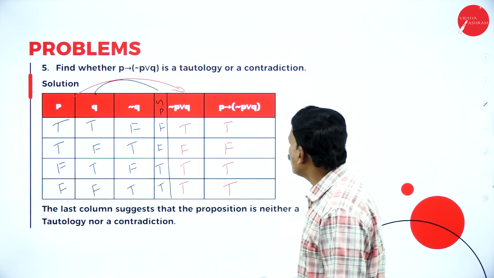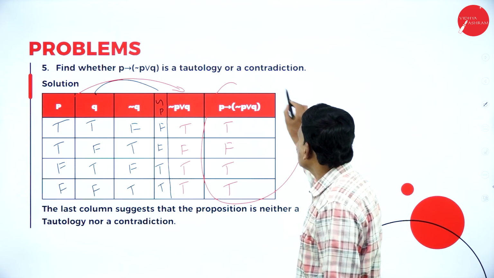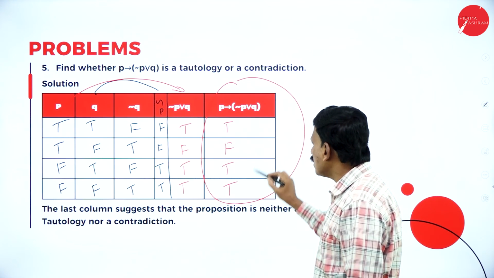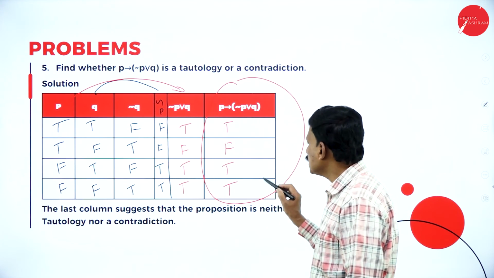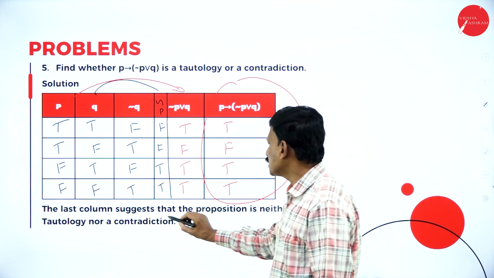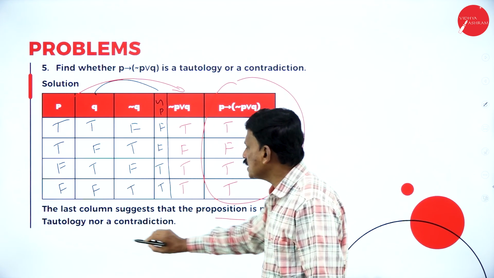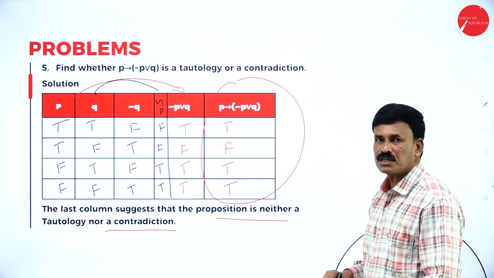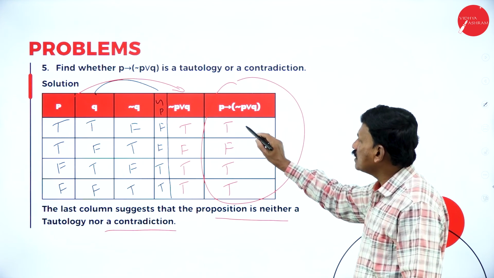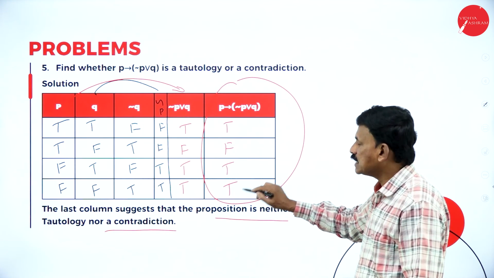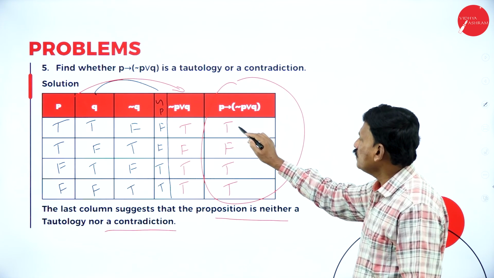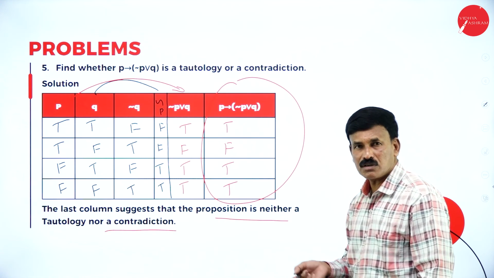See here, the last column doesn't contain all T's or all F's; it contains both T and F. So the last column suggests that the proposition is neither a tautology nor a contradiction. If all the truth values in the last column are T, then it is a tautology. If they are all F, then it is called a contradiction.